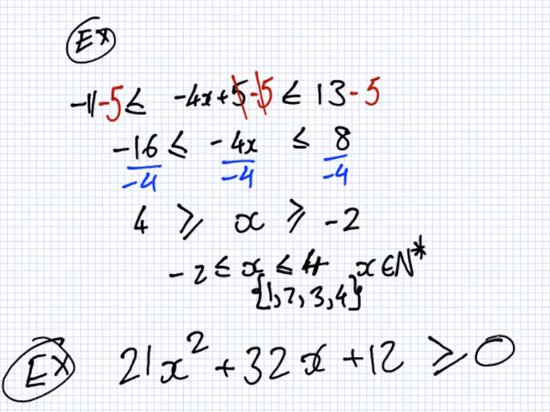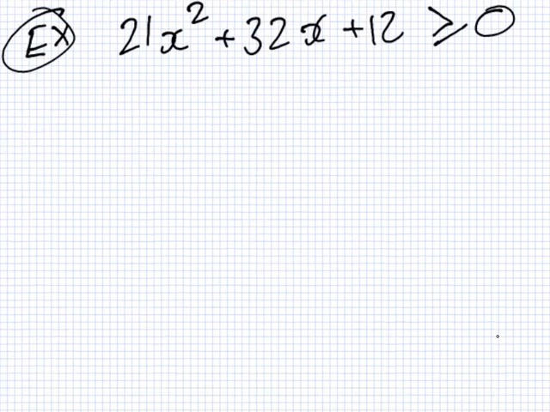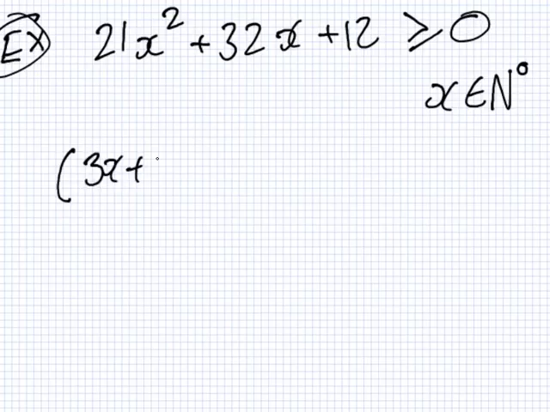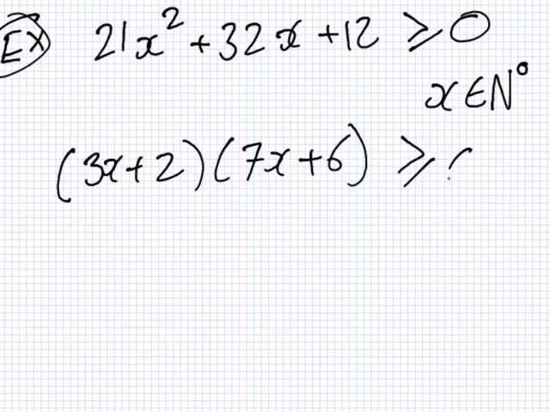So the first way we'll have to factorize. So I'll get the calculator to help. Oh yeah, sorry, I also forgot to say that x is a natural number including 0. Okay, right. So we have 3x plus 2, 7x plus 6, greater than or equal to 0.